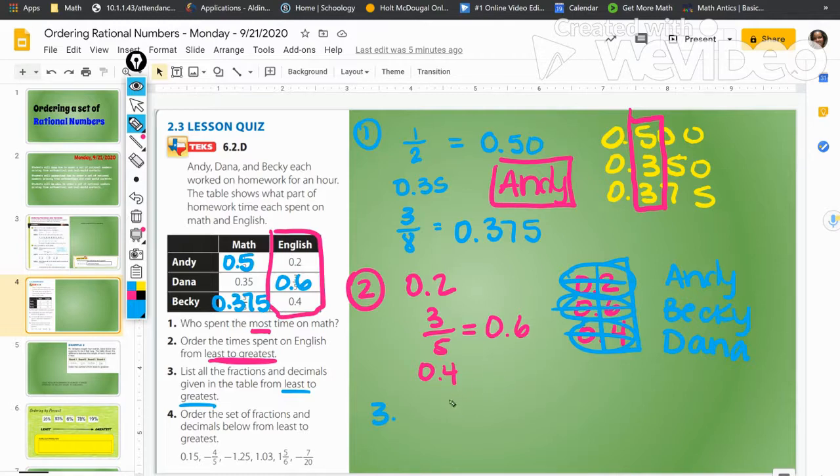So I'm going to write them all out. Now what I need to do is make sure they all have the same amount of digits. I need 3 digits. Okay, now I'm going to look at my tenths place.